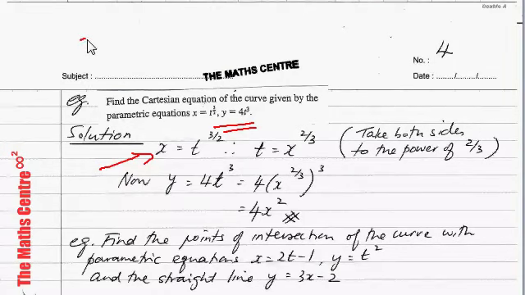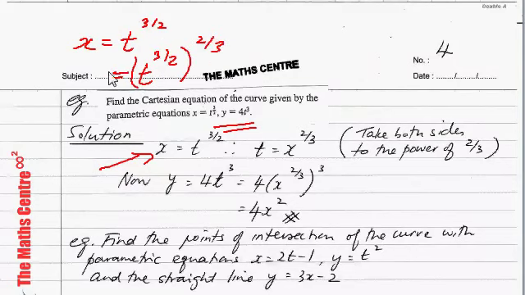So let me help you a little bit here. x equals t to the power of 3 over 2. So if I want to get t on the right hand side, I need to take t to the power of 3 over 2 to the power of 2 over 3. So I must do that on the left as well, and I'll get x to the power of 2 over 3 equals t.